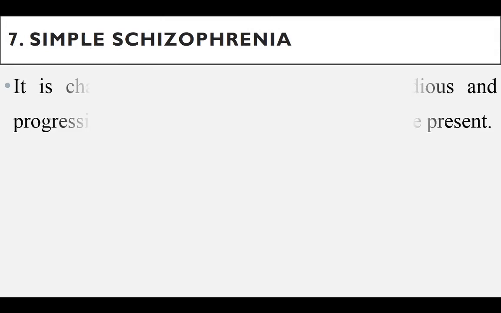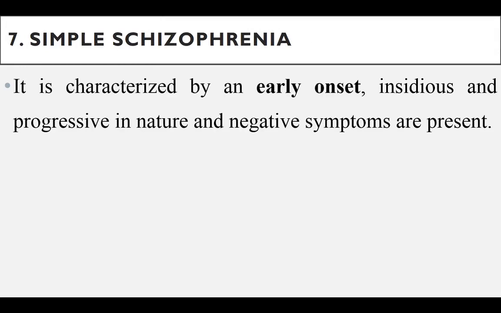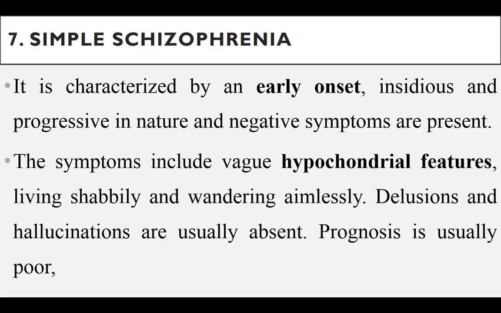Now, simple schizophrenia. Simple schizophrenia is characterized by early onset, insidious, and progressive in nature, and negative symptoms are present. The symptoms include vague hypochondriacal features, living shabbily, and wandering aimlessly.